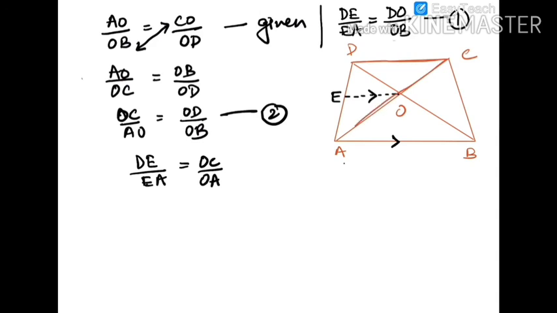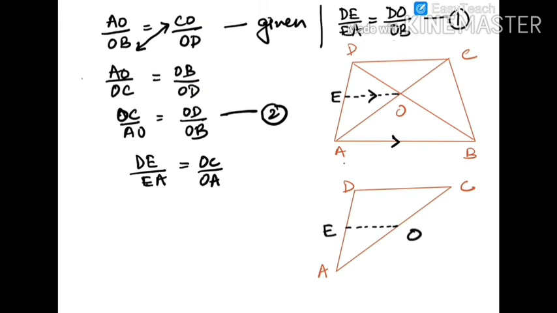So in this triangle, ADC, where EO is cutting AD and AC in equal ratio, we can say that EO is parallel to DC by using converse of BPT. So this implies EO parallel to DC from converse of BPT.